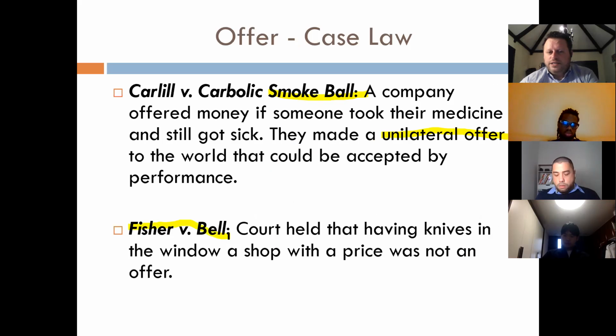Fisher v. Bell is the famous case about an invitation to treat, where a store had knives in the window and there was a law that said you can't sell knives. And the store said, we're not selling knives, they're just in the window. It's not an offer.